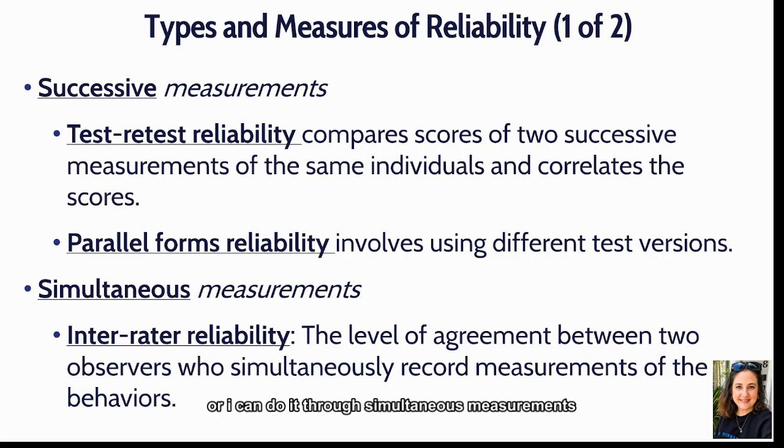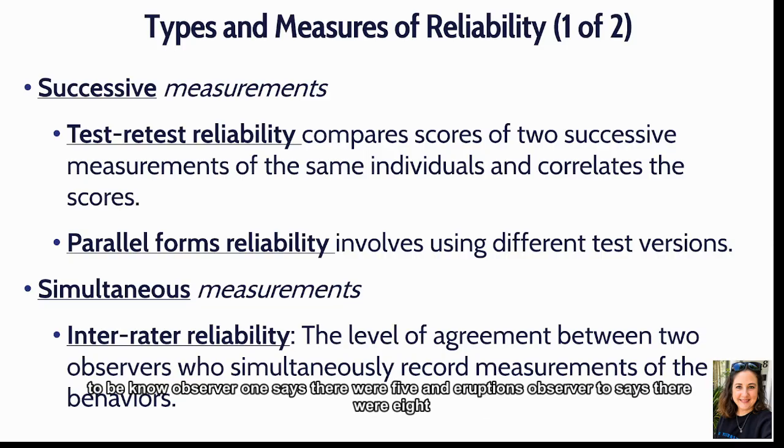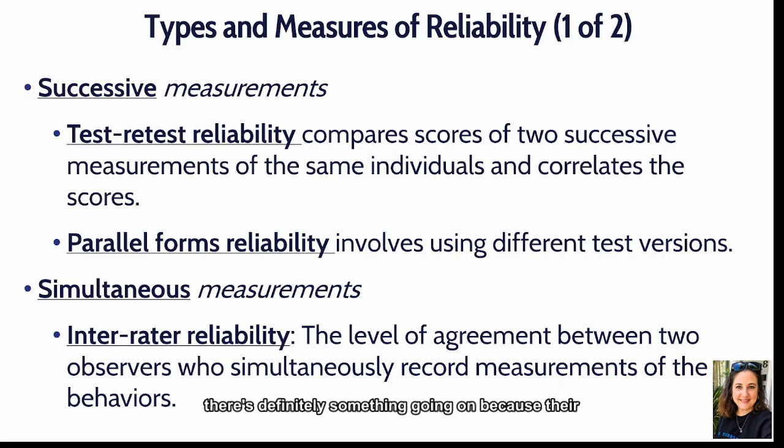Or I can do it through simultaneous measurements. We run into this when we have inter-rater reliability. So thinking back to the situation where I have an observer in a classroom looking at the number of times that a student interrupts the teacher, if I add a second observer to that and I compare their measurements, observer 1 says there were 5 interruptions, observer 2 says there were 8, there's definitely something going on because the inter-rater reliability between the 2 observers is off.